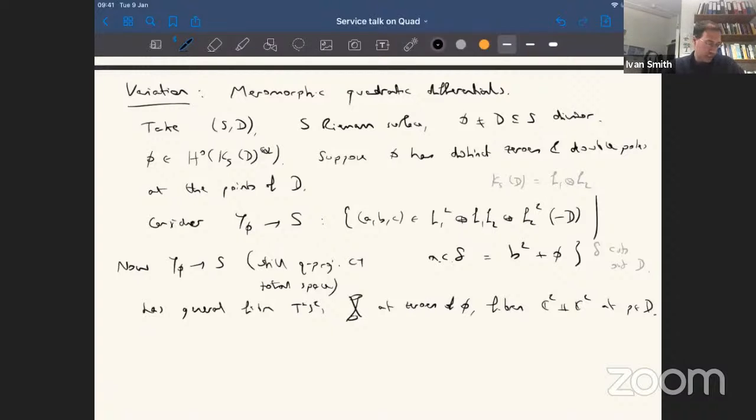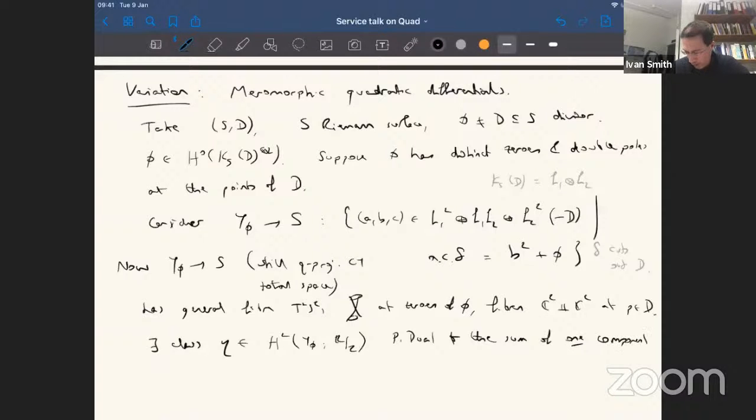I now need a tiny bit more structure, which is that there's a class eta in H² of Y_φ with mod 2 coefficients, which is Poincaré dual to the sum of one component of the reducible fiber at P, summed over P in D. So there's this class, and it's a standard fact in symplectic topology that if you have a mod 2 homology class on a symplectic manifold, that gives you some way of twisting the signs in the Fukaya category.